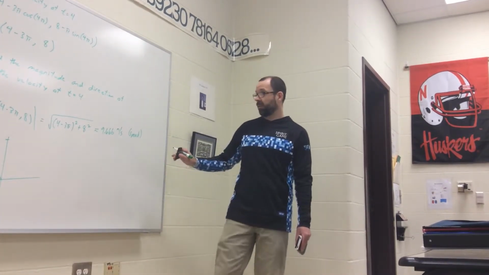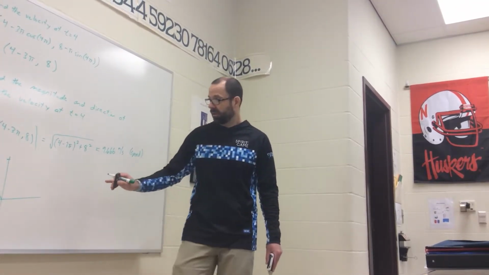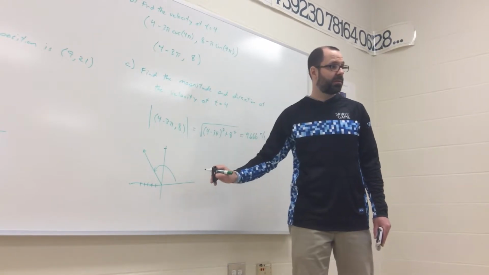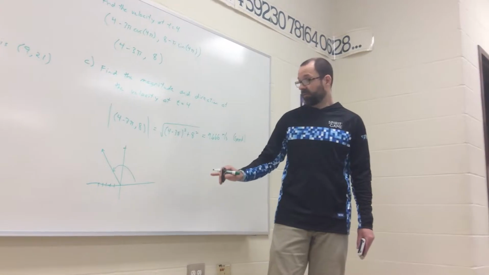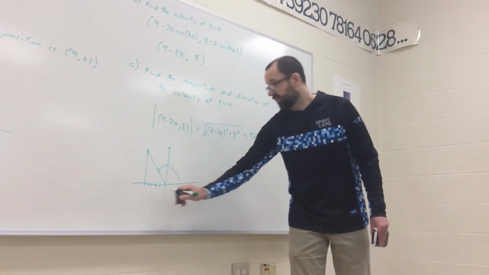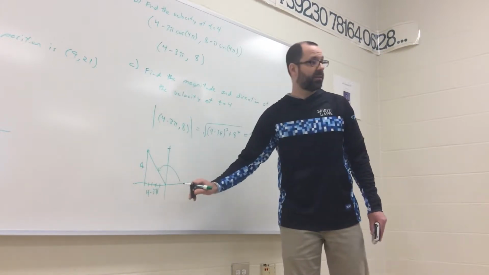And then we also need to find the direction of it, right? The direction is whatever this angle is. So now we're going to try to find that angle. The way we're going to find that angle is we're going to look at this triangle. That's 4 minus 3 pi and 8, right?